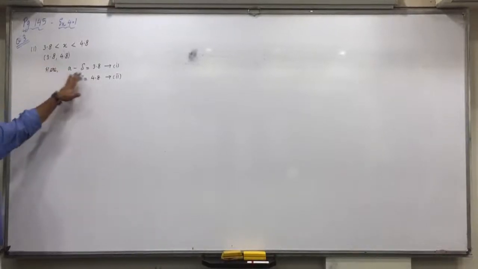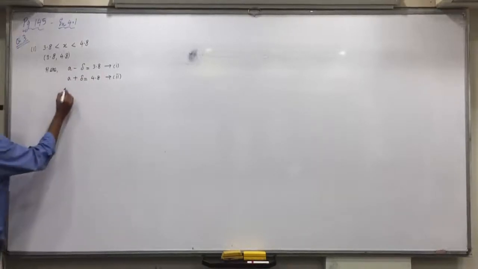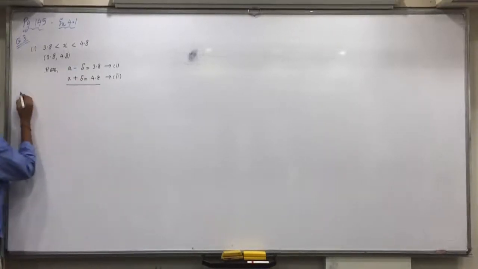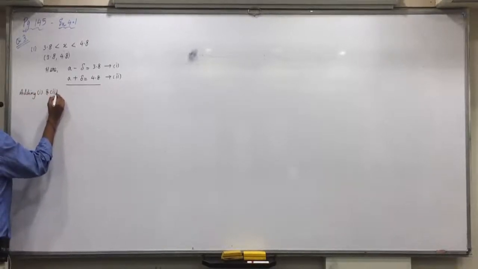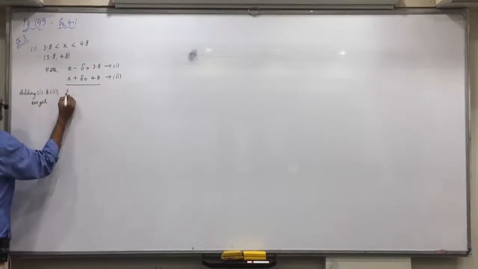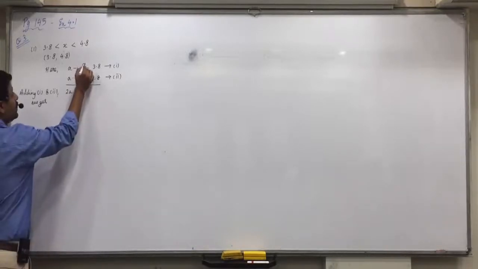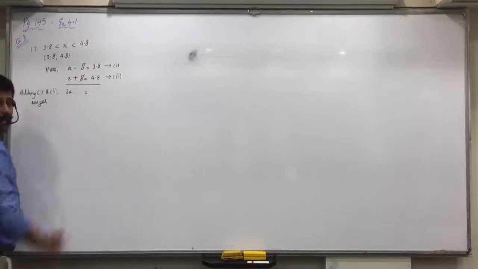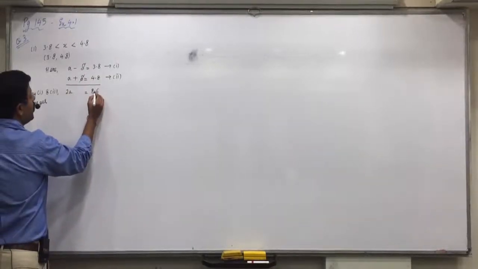Now we simply add the two. Adding 1 and 2, we get a plus a becomes 2a, minus delta plus delta gets cancelled, and 3.8 plus 4.8 is 8.6.